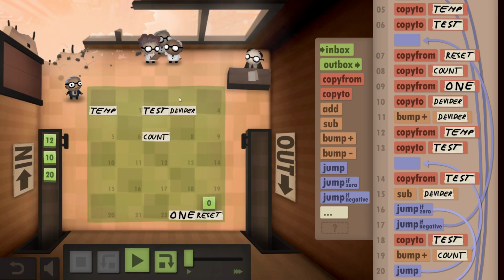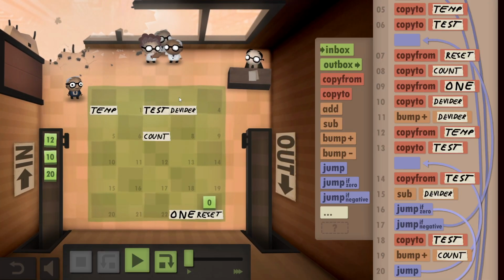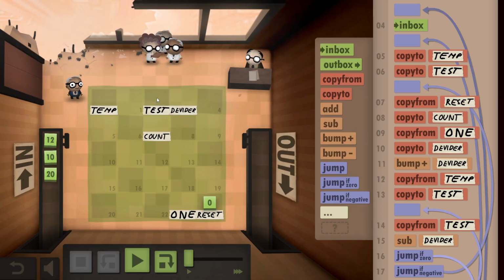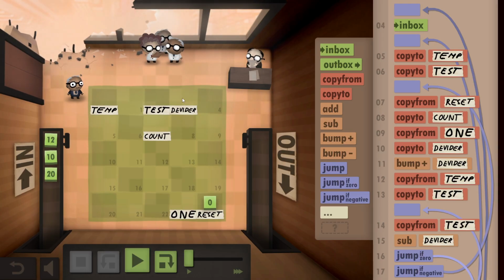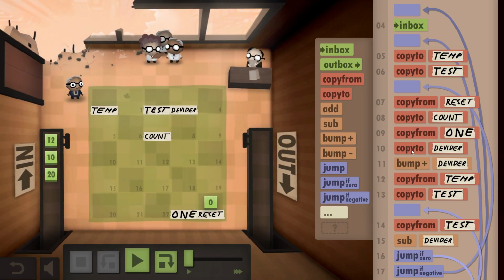If it's negative, we need to copy from temp to the test. Bump this, but we don't need to reset the divider.